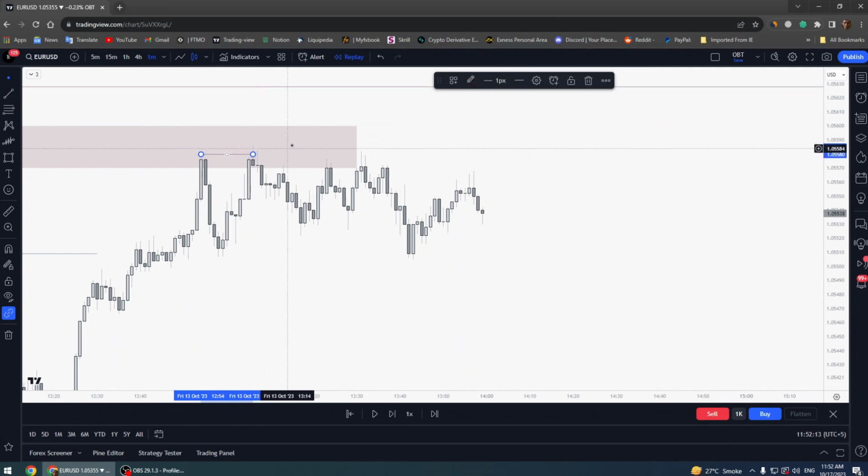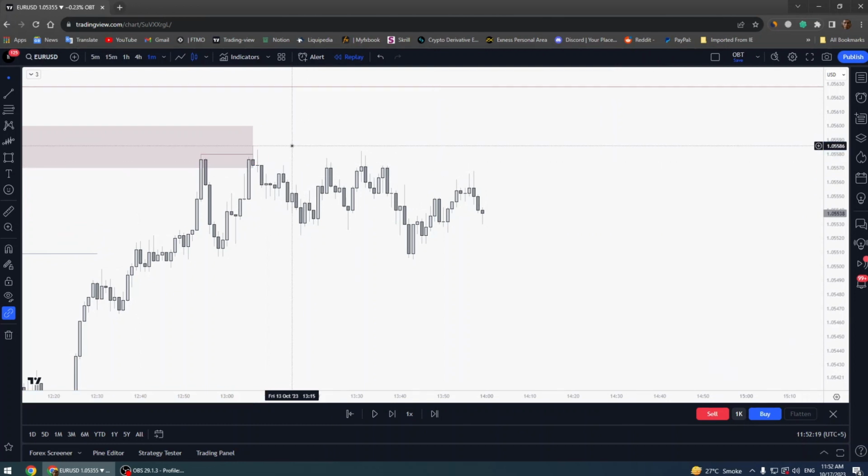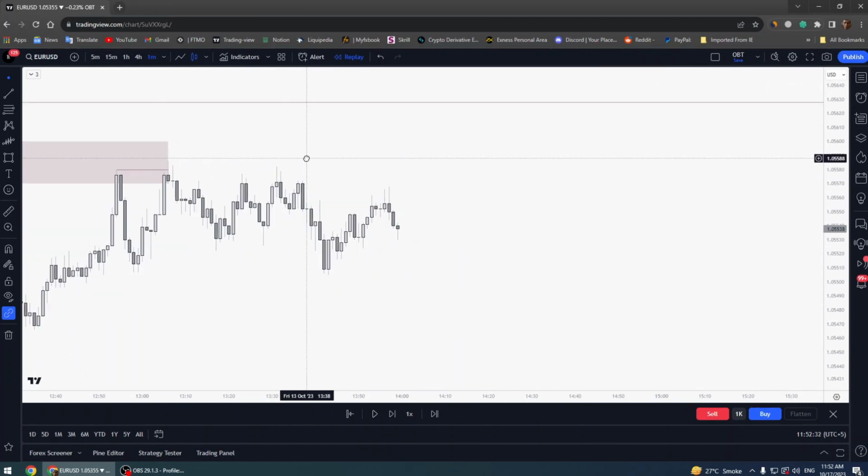It was taken back then, and I could have entered right over here before the market broke, but you can enter over here, but you need to put your stop loss over here if you are going to enter in this kind of discount area.